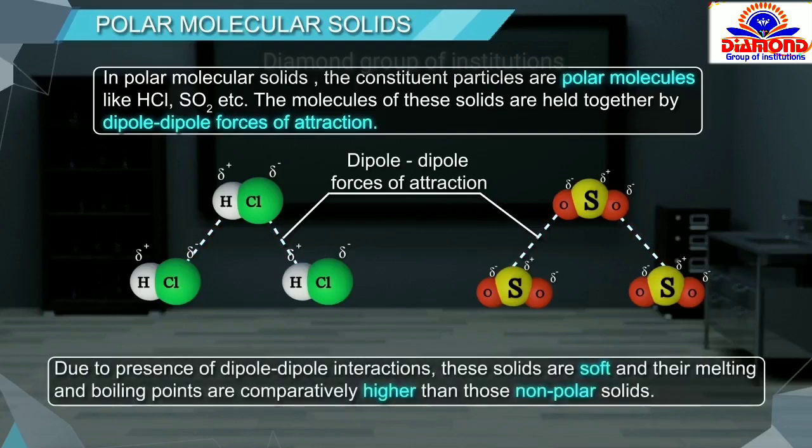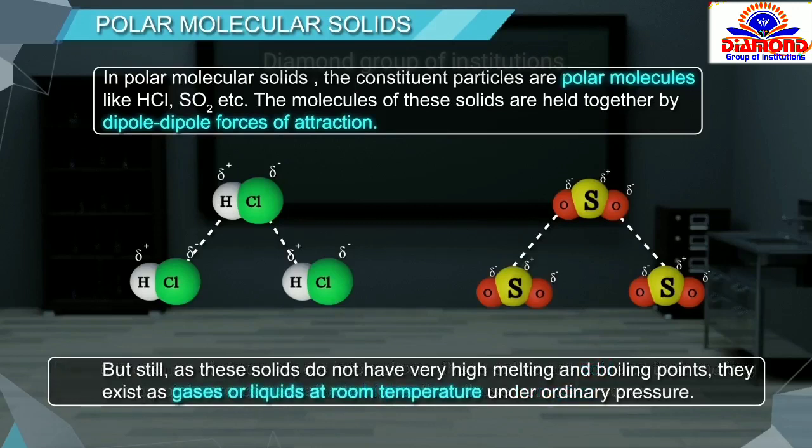Due to the presence of dipole-dipole interactions, these solids are soft and their melting and boiling points are comparatively higher than those of nonpolar solids. But still, as these solids do not have very high melting and boiling points, they exist as gases or liquids at room temperature under ordinary pressure.